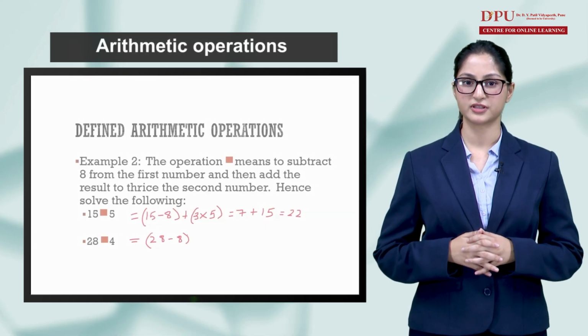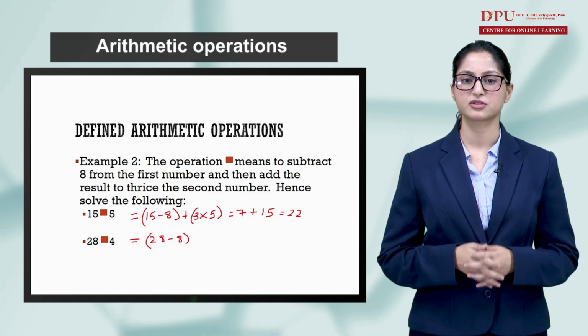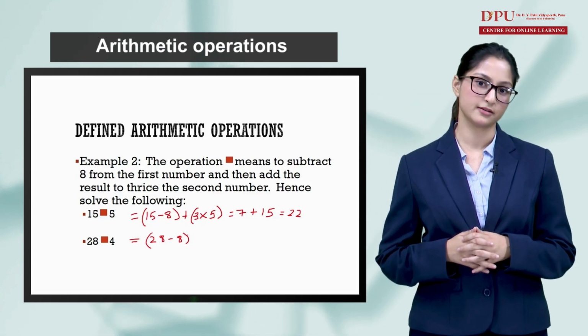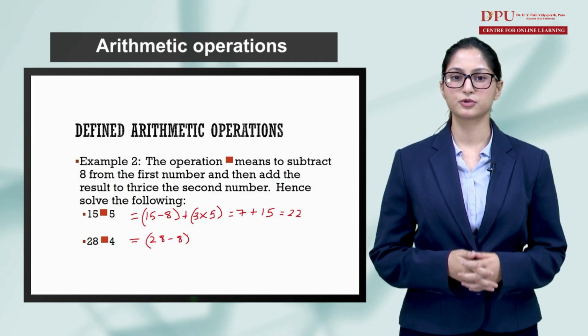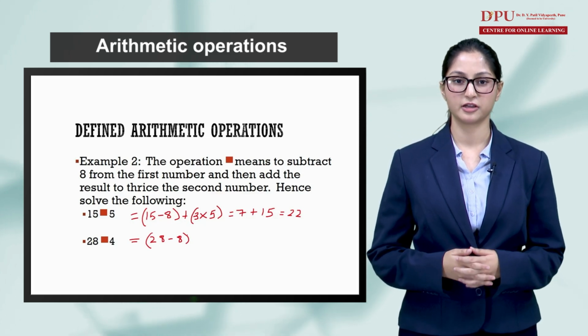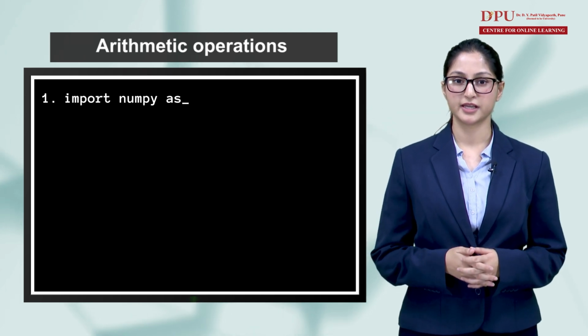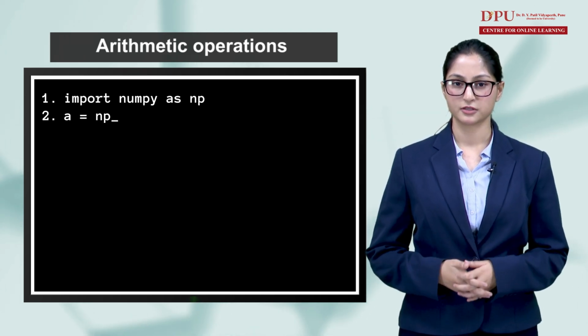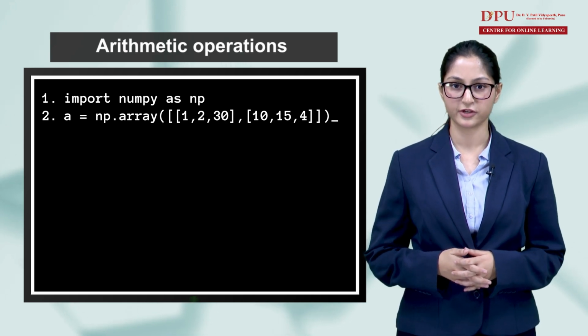Arithmetic operations on the array. The NumPy module allows us to perform arithmetic operations on multidimensional arrays directly. In the following example, the arithmetic operations are performed on the two multidimensional arrays A and B. Example: import numpy as np, A equals np.array, with the following numbers within square brackets passed as parameters to the array function.